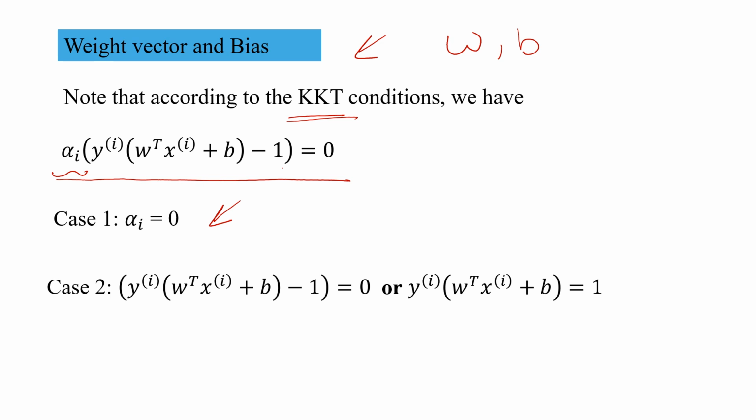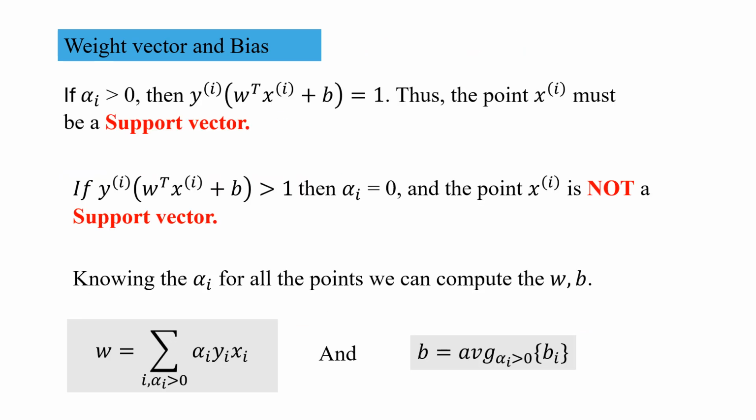Either alpha i equal to 0, so that the product is 0, or the other component, y i multiplied by (w x i plus b) minus 1, equal to 0, or equivalently y i into this equal to 1.